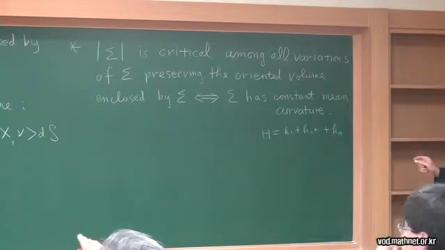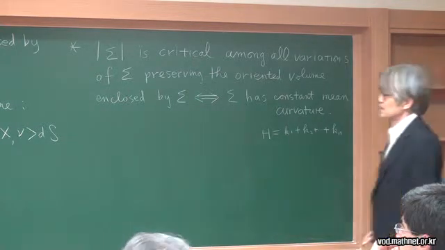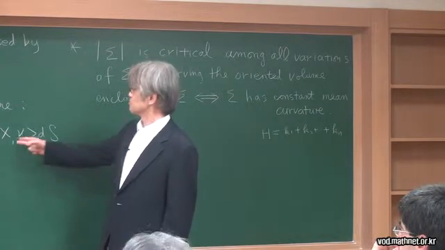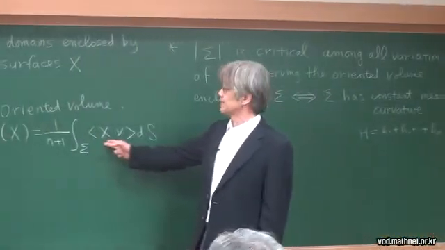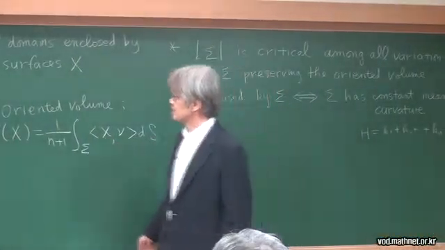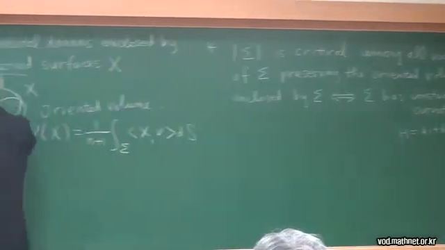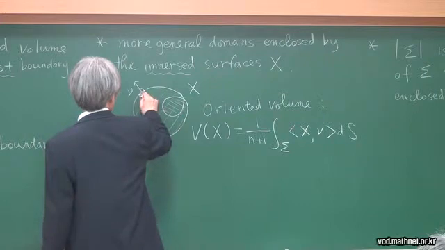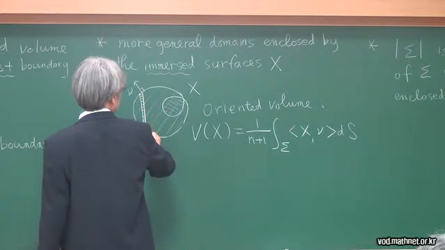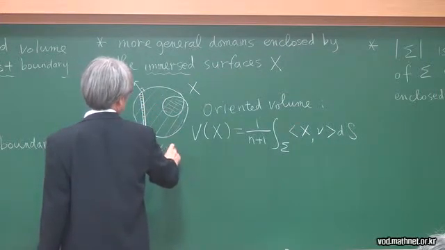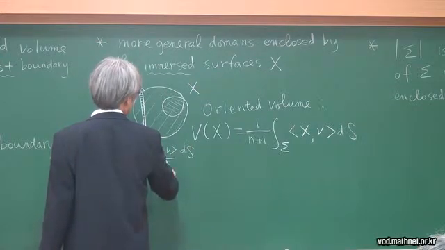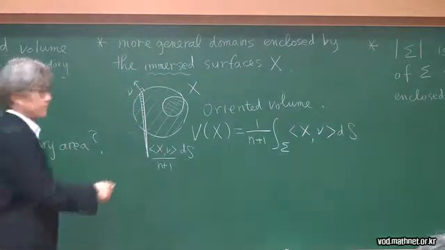What is this bracket x and nu? It is the dot product of the position vector x and nu. So this volume is x dot nu times ds over n plus 1, the volume of this cone.